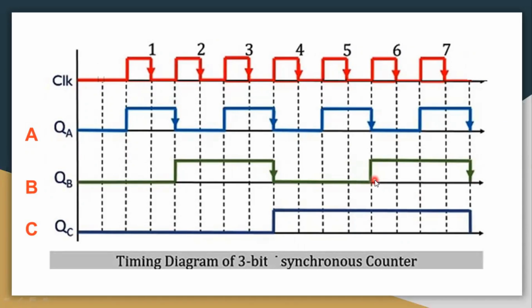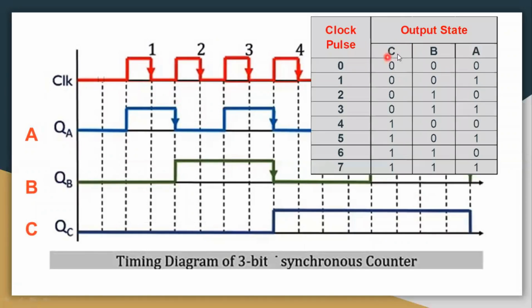Then it again goes to high state at the sixth clock pulse and continues there. When we consider the next digit and most significant digit Z, the output goes high from the fourth clock pulse. We can see it here. When we apply the fourth clock pulse, it goes high and continues there until the seventh clock pulse.